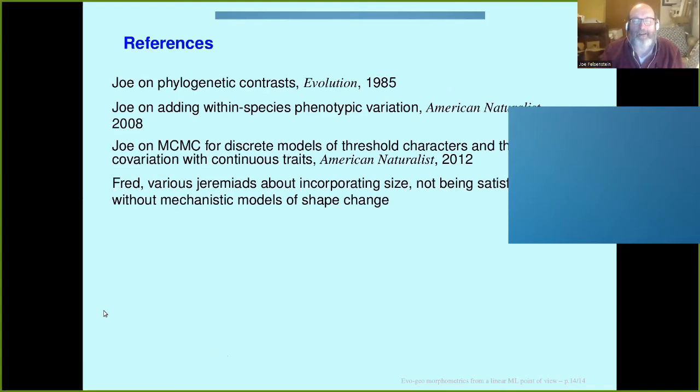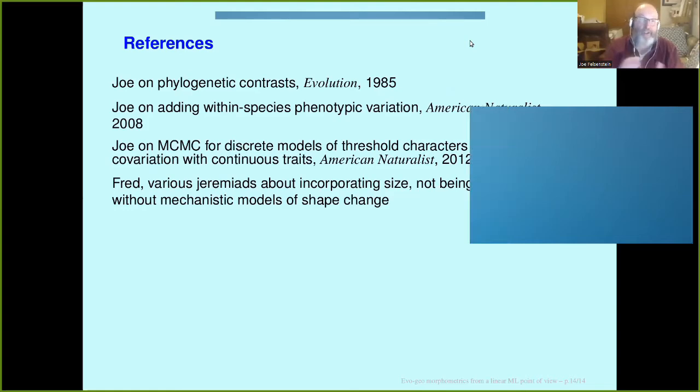So I have a few references here. People probably know about my work on phylogenetic contrasts. There's also a paper I published in American Naturalist in 2008 on how you take within species variation into account. And I have another paper on discrete traits and how you can correlate them with continuous traits, in American Naturalist in 2012.